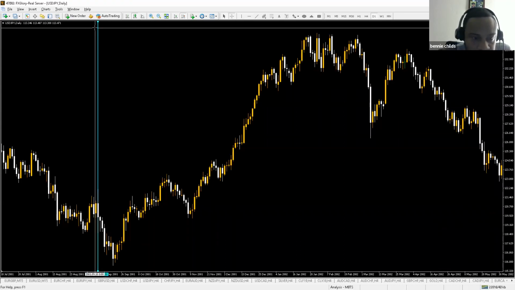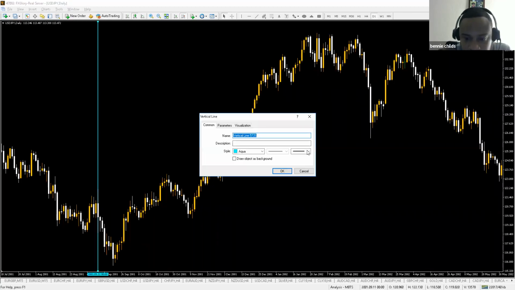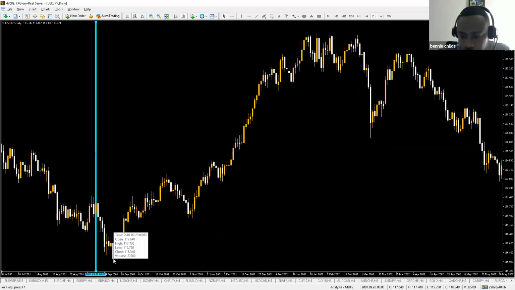Right where this blue line is, let me make this a little thicker for you guys. This is September 11th. I'm just going to move it out of the way a little bit. We do get a spike in the market, and it goes down for a few days, a total of 1, 2, 3, 4, 5, 6, 7.